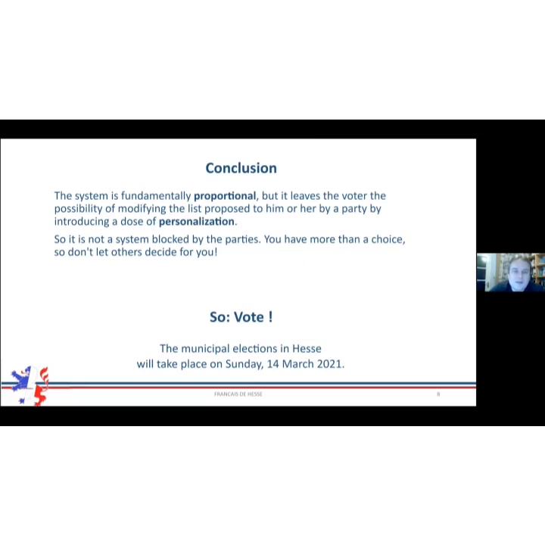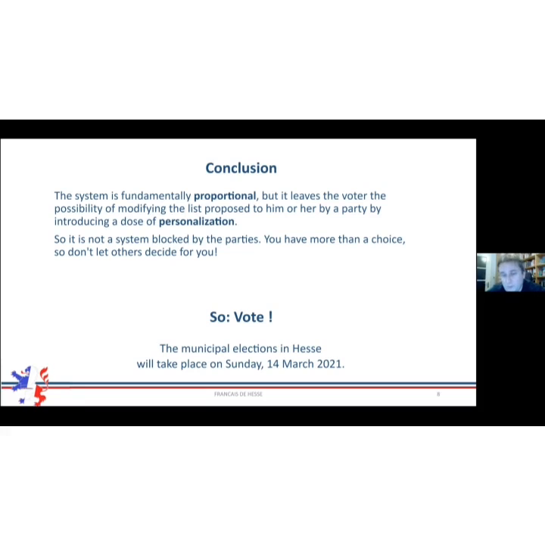Conclusion: the system is fundamentally proportional in nature, but it leaves a lot of possibilities to actually personalize your votes. So it's a very flexible way of voting. And it is not completely controlled by the parties, because in some other modes of voting, some political parties can put on top the people they like very much, but who are not popular among the population.